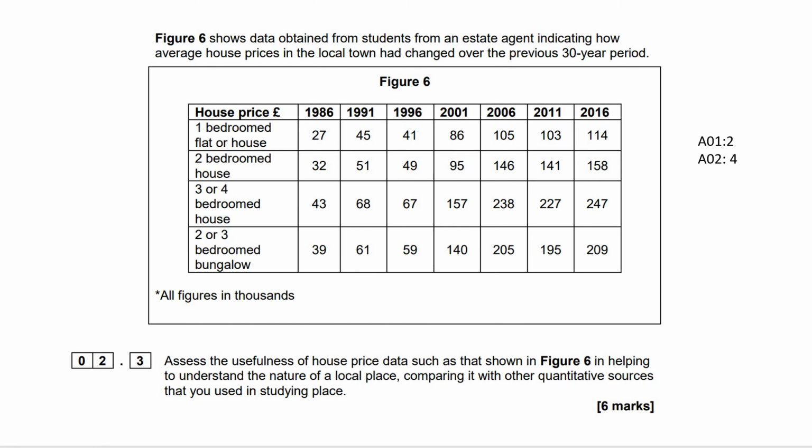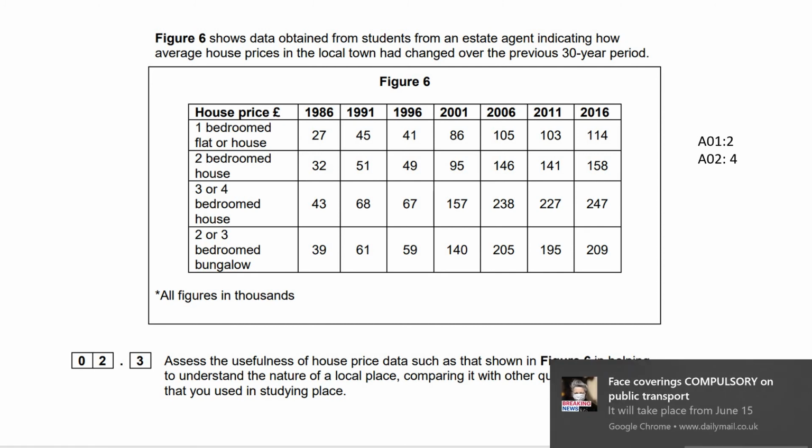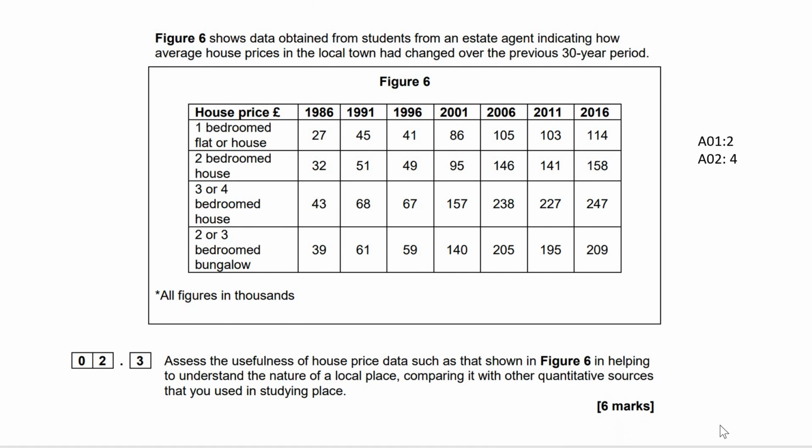Now be careful with this question because you are using figure 6, so you might want to use and manipulate some of the data, but it is based on your own knowledge as well. So you've actually got to compare figure 6, helping you understand how this house pricing, this one particular domain, and you can also compare that with other sources that you could use to get a clearer picture, like income data, for instance, or even schools, Ofsted reports, whatever it might be that you choose.